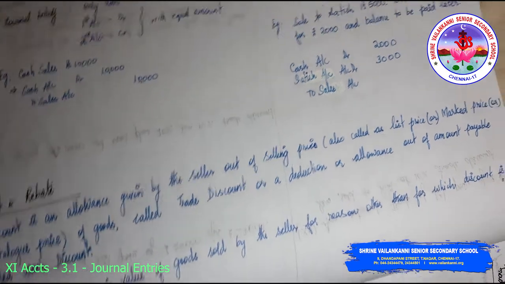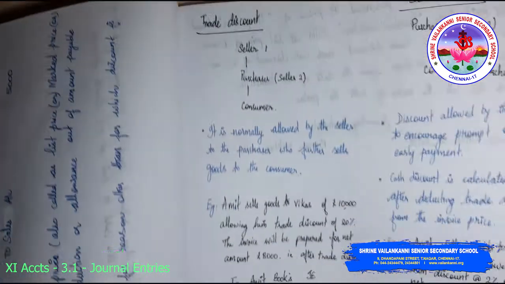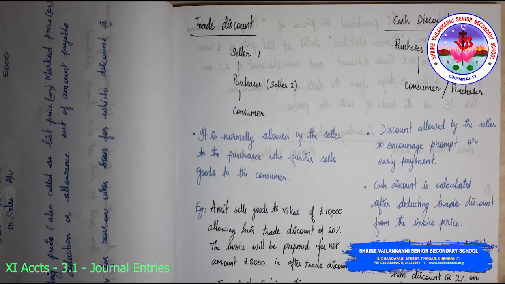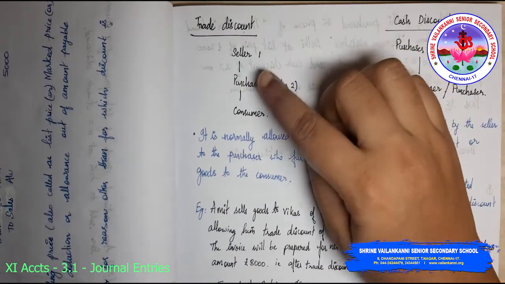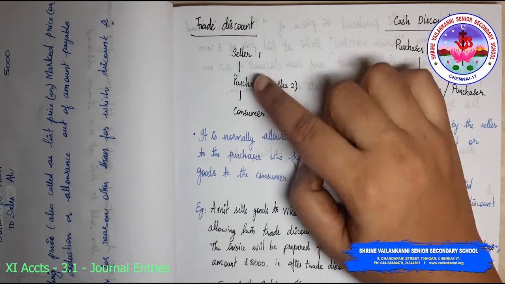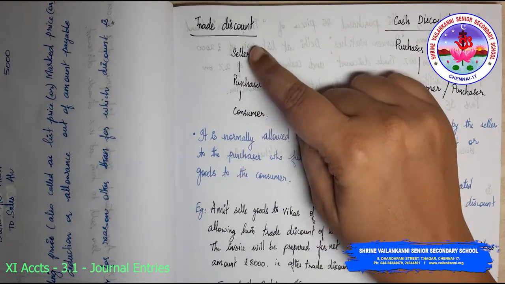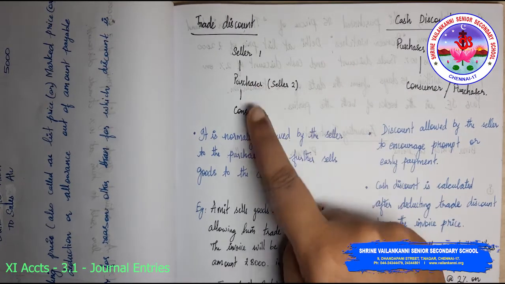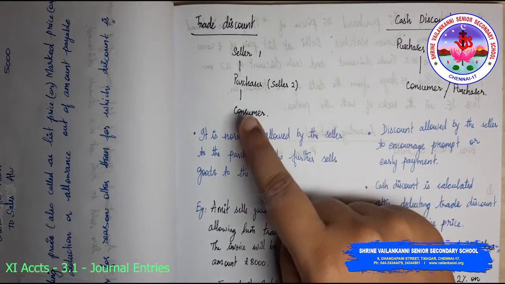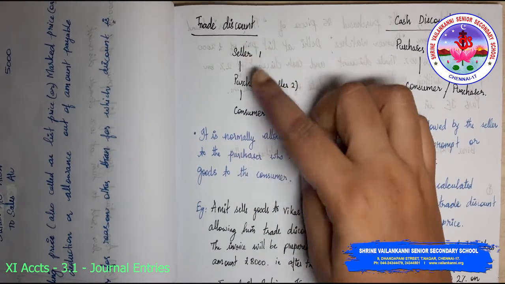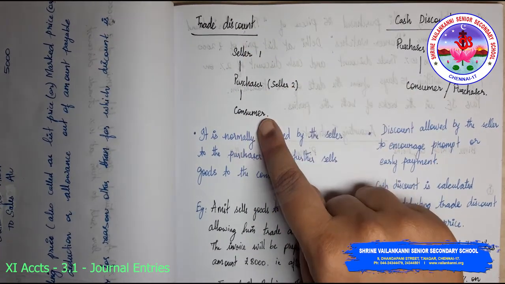Okay, so next you can look into this trade discount. There are three parties here: seller, purchaser. Purchaser purchases goods from the seller. He is purchasing for the reason to sell it to the other person, the end customer. So maybe you can take it as wholesaler, retailer, and final customer.